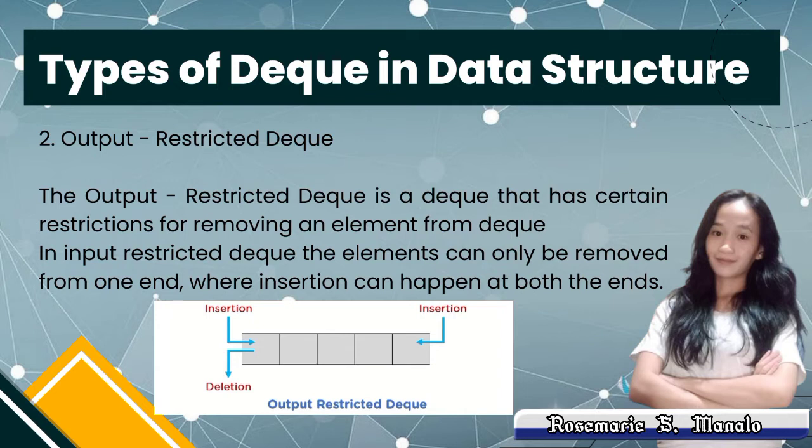In short, the output restricted Deque is one in which insertion and deletion are permitted at one end, but at the other end, only insertion is allowed. Hence, it is called output restricted.